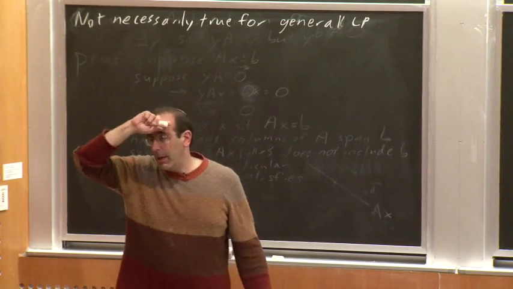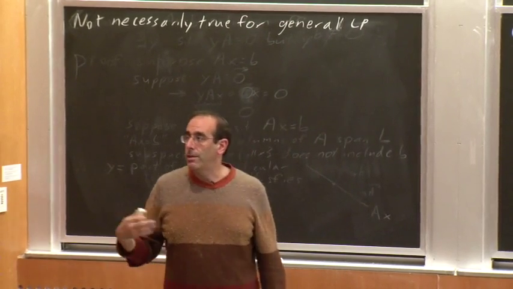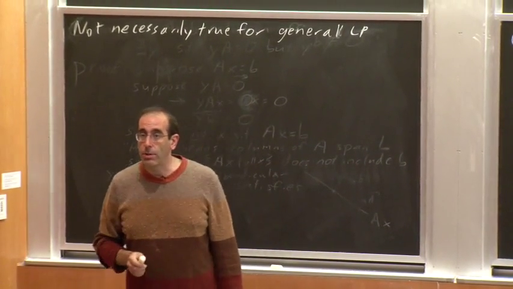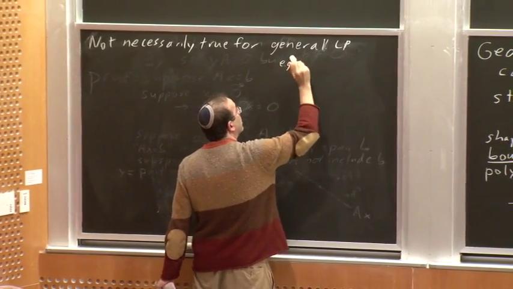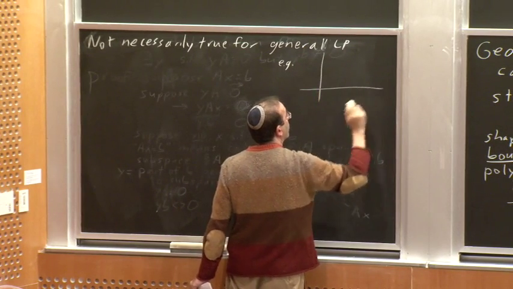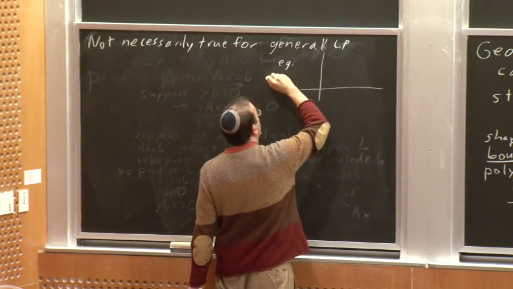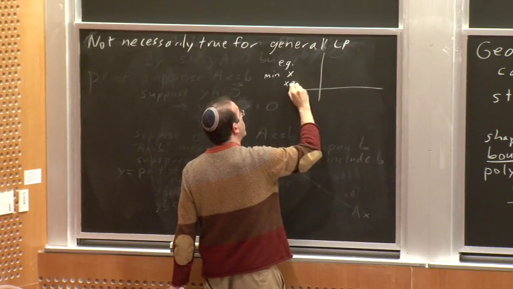I can exhibit a linear program that does not have an optimum at a basic feasible solution. For example, I can create a two-dimensional linear program where I say minimize x such that x is greater than or equal to 0.